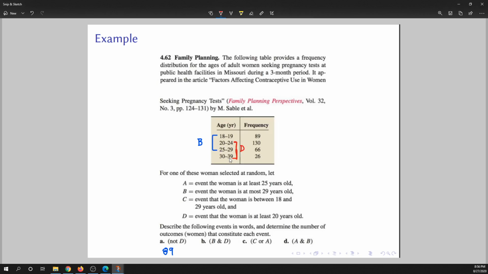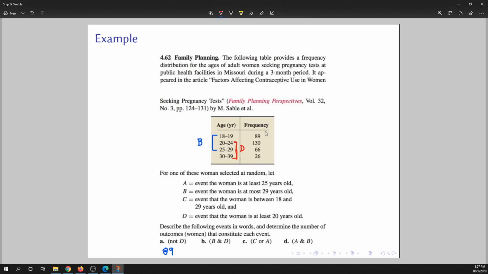All right, so now that we know what B and D are, they want us to calculate the number of women who are in that event, right? Notice here in this example, we are not listing out the events like we did for the easier examples that we looked at before, because there's just too many to do that.